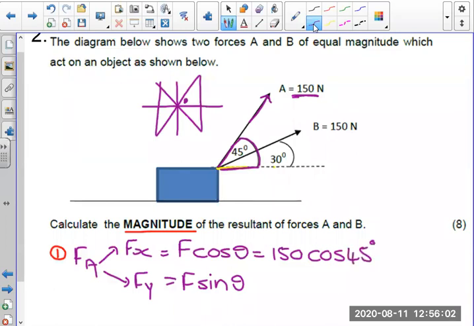When I put that in my calculator, I got an answer of 106,066 newtons. And then right there, to remember that it is to the right, because we just worked out the x component and that would be to the right.